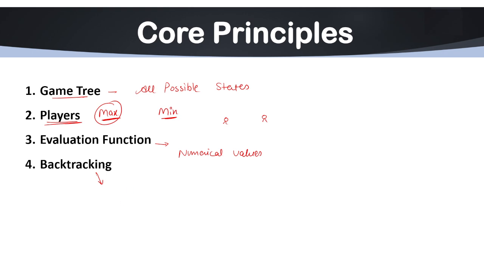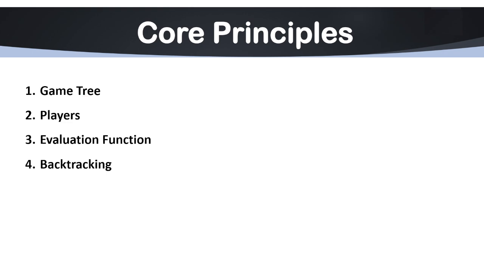All right, so all these are the four core principles under your min-max tree. Again, if we talk about the evaluation function, it uses terminal states like win, loss or draw. These three are the terminal states here, which depend on the final score.